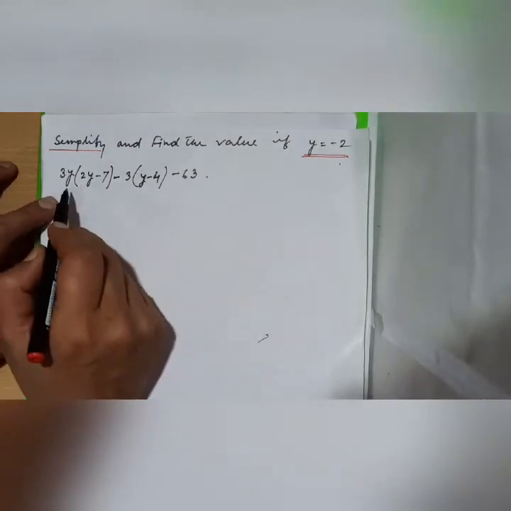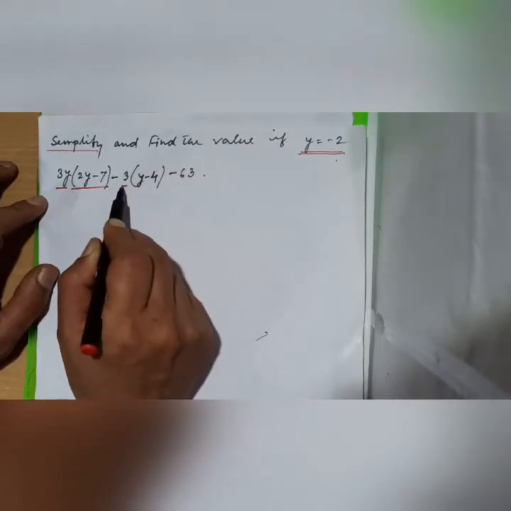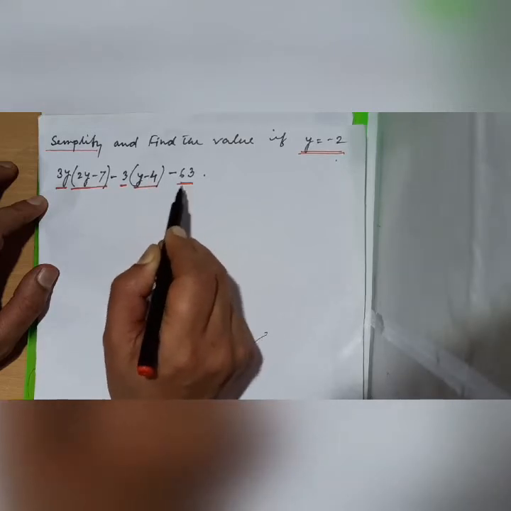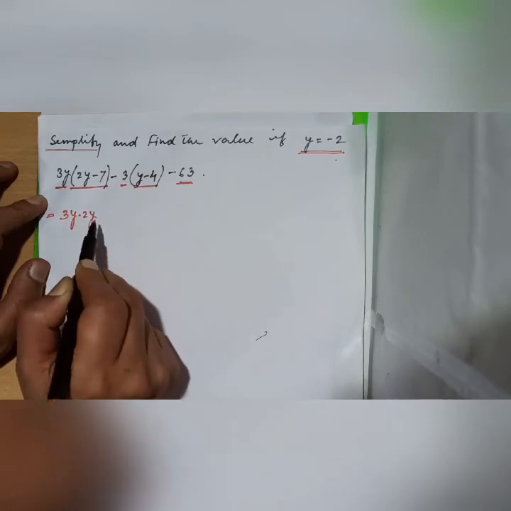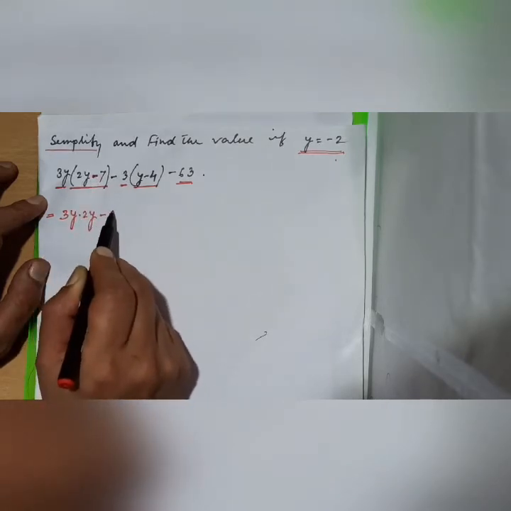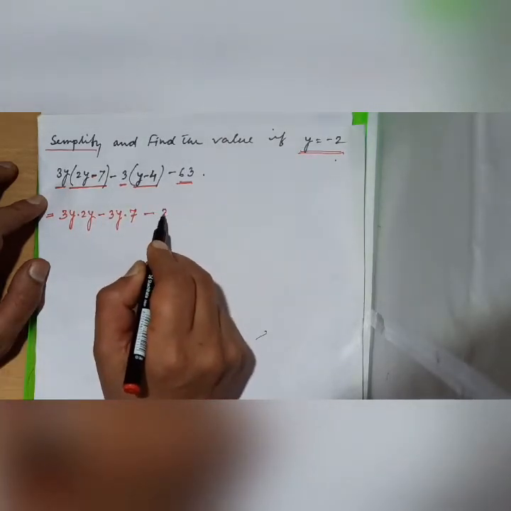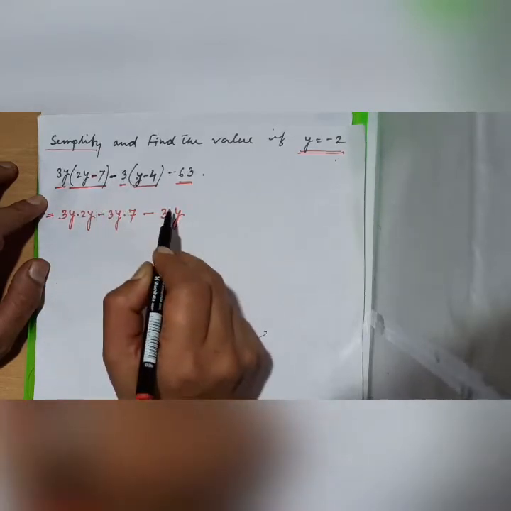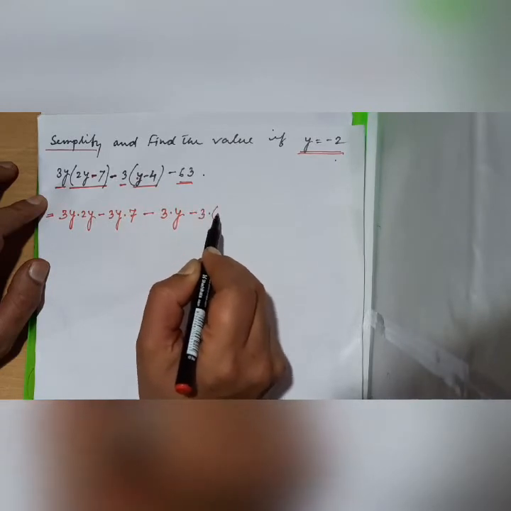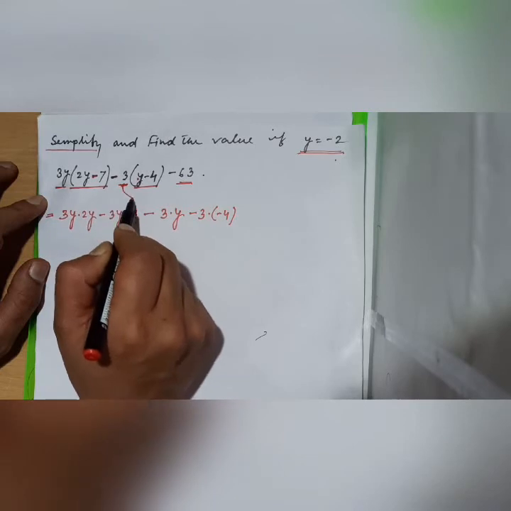Now for that, this one is a monomial, this one is a binomial, again this one is a monomial, this one is a binomial, so we will multiply this one now. 3y into 2y, minus 3y into 7, minus 3 into y, minus 3 into y, minus 3 into minus 4.